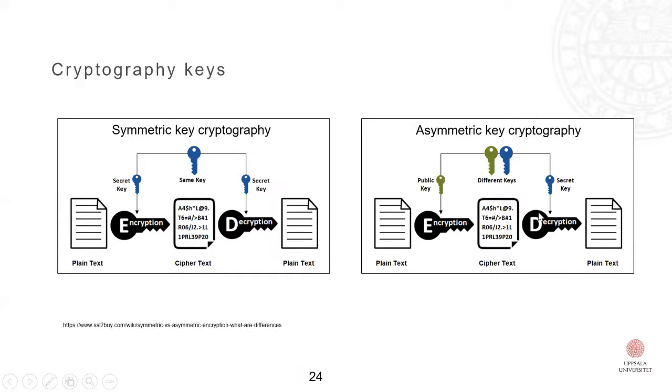But the receiver is the only person who has the secret key. So there are mathematical functions that prepare these kinds of key pairs. Each public key has its own special secret key and vice versa. So secret key, as its name suggests, is secret and only the receiver has access to it.